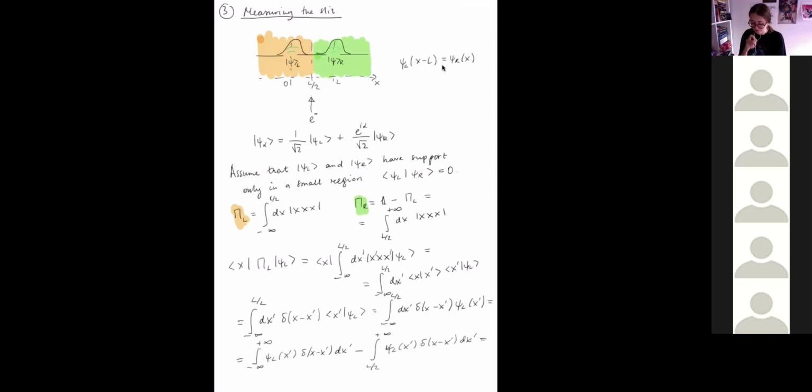The first integral, from the definition of the delta function, gives us just psi L of x. The second integral is actually 0, because psi L does not have support on the region from L over 2 to plus infinity. So we don't even care about the delta function. So this is psi L of x, which means that PL acting on psi L gives us back psi L.